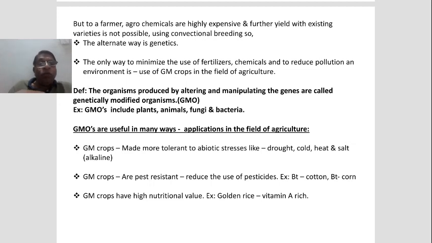We introduce a new gene into the cotton plant and manipulate it. The plants or crops thus produced are called genetically modified crops or organisms, nothing but transgenic organisms.